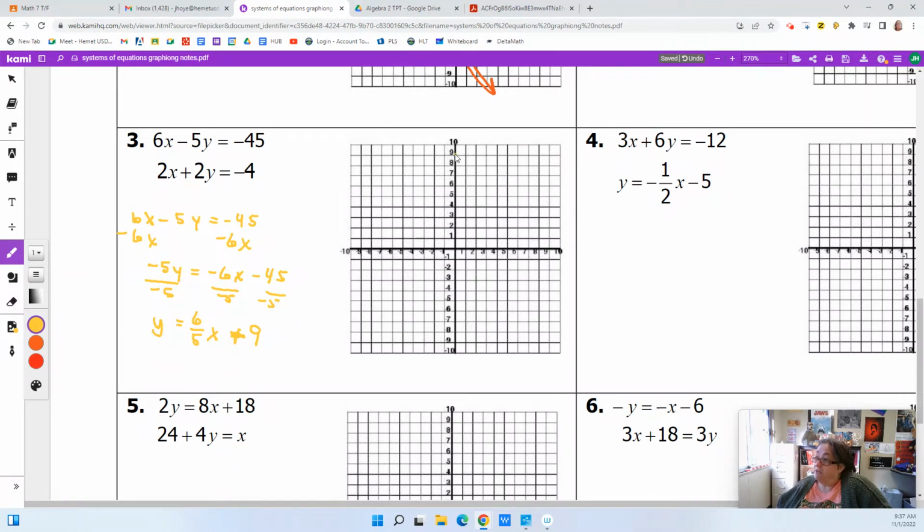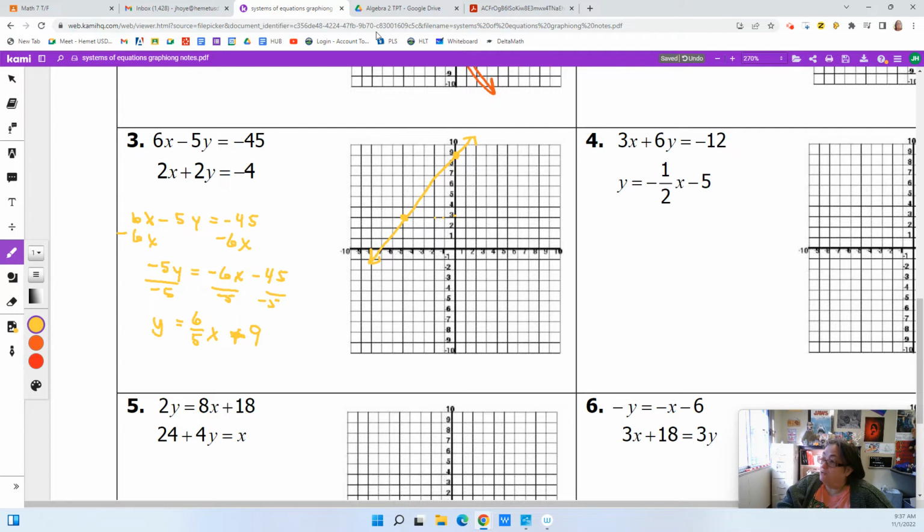We go, okay, here's a point at 9. My slope is 6/5, so I can go negative, negative. I can go negative 1, 2, 3, 4, 5, 6. And I connect those dots of the graph.